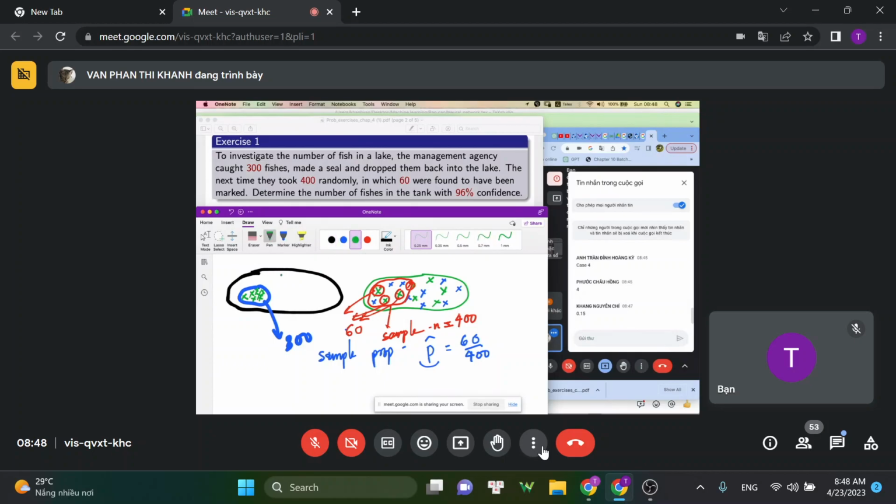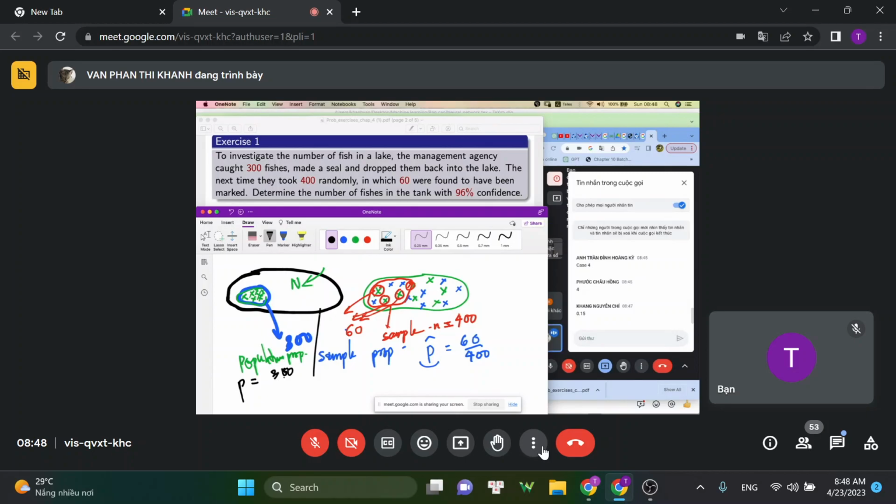And here, the number of fish in our lake is n, and the number we marked is 300. So what is the population proportion, class? The real proportion of fish that have been marked in my lake, what is it? What is p? 300 over n.